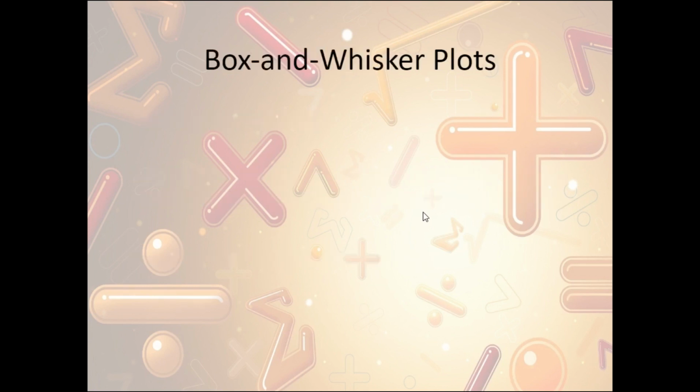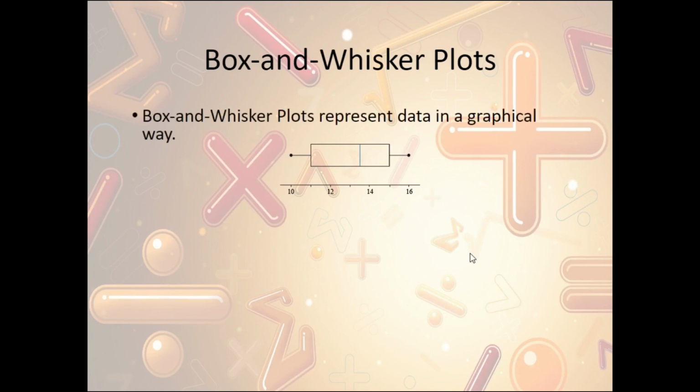Now, what are box and whisker plots? Box and whisker plots look like this. We have a box, and then there's usually a line inside of the box like this, and then it has these 2 points that extend out from there. Box and whisker plots represent data in a graphical way. The point on the far left is the minimum value.